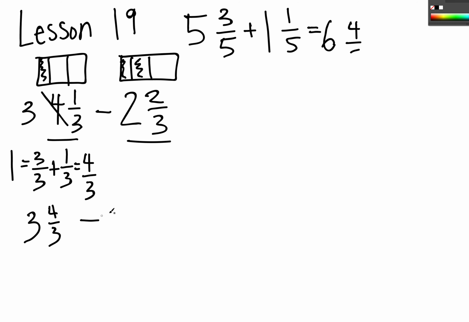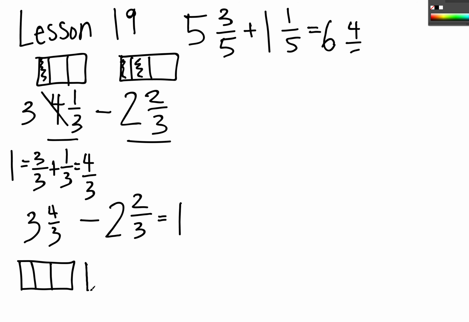Now, if we write the rest of the problem, changing nothing, let's see if we can do our math problem now. So first, I'm going to start with the mixed number, 3 minus 2. That equals 1. And then we're going to take the fraction, 4/3 minus 2/3. So let's draw that out. We are going to have 4/3, which is a third, a third, and then one more here. And actually, we're going to make the full box.